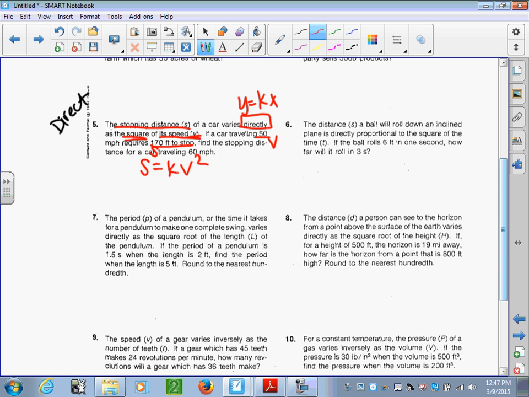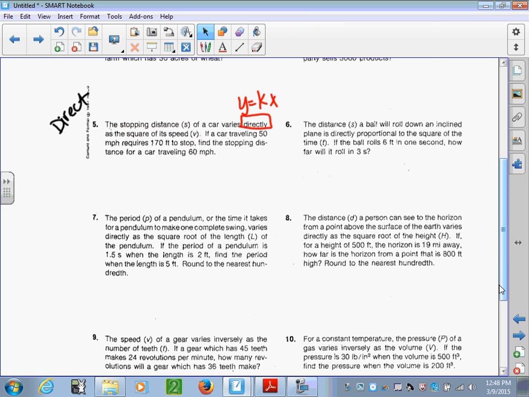Now I'm going to use those two points that they give me to solve for k. Let me color code this, it might make it a little bit easier. S is our stopping distance, v is our speed.